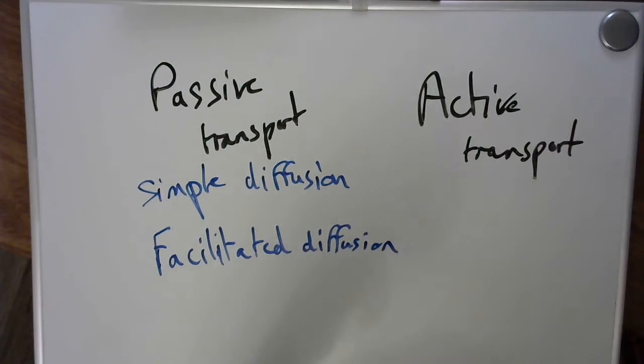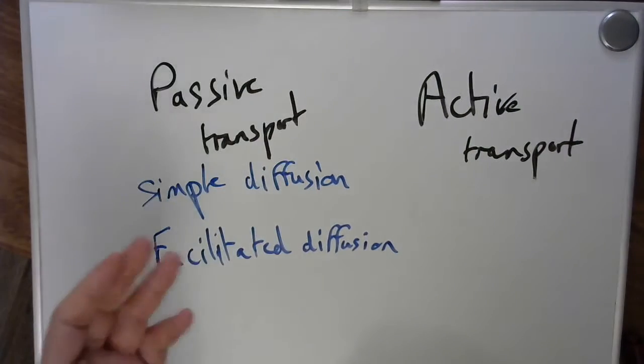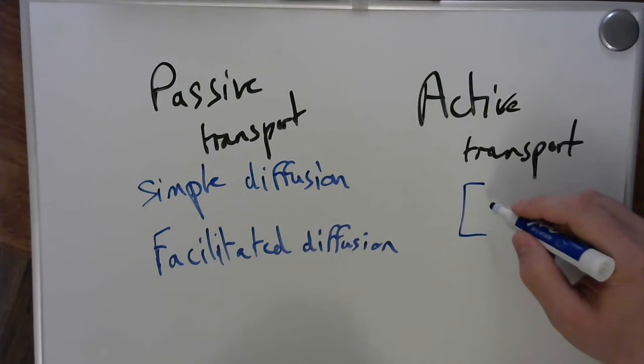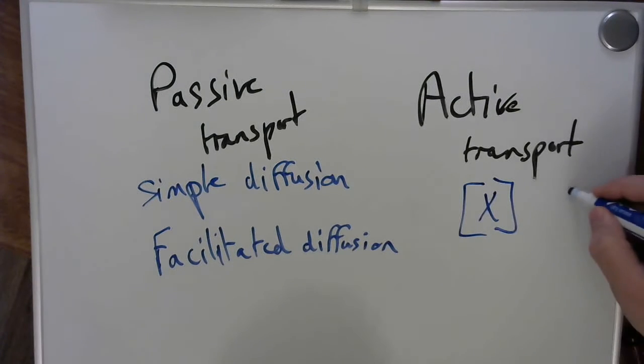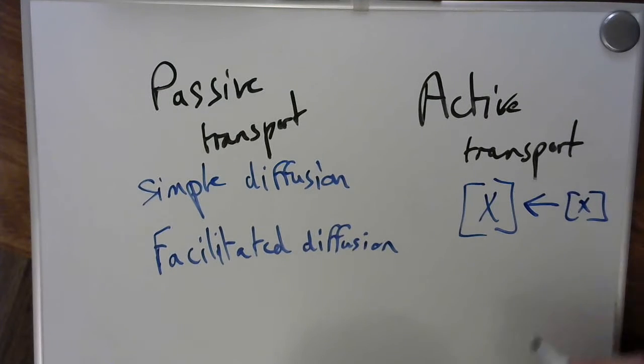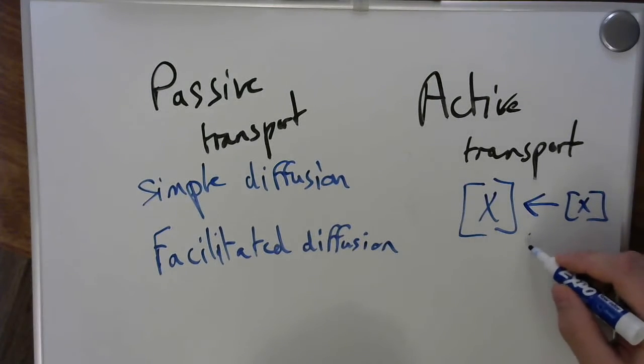In that case, you are big or polar or both, and you want to go across the membrane against your concentration gradient, you will require energy. So if you want to go from low to high, you will require energy.